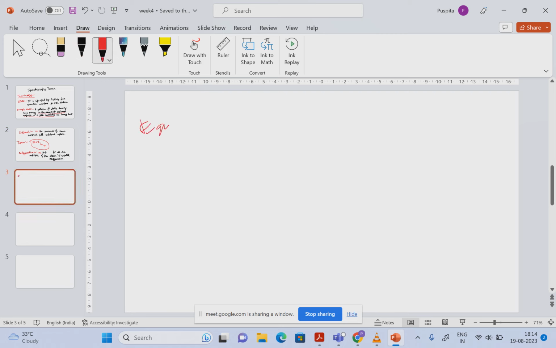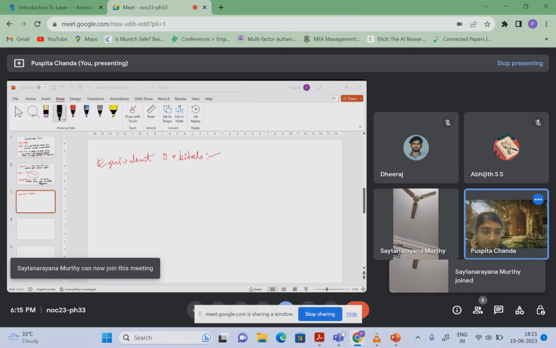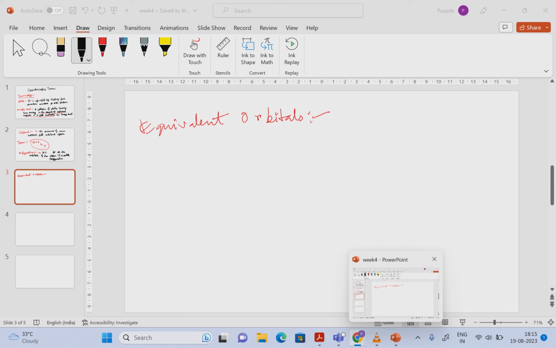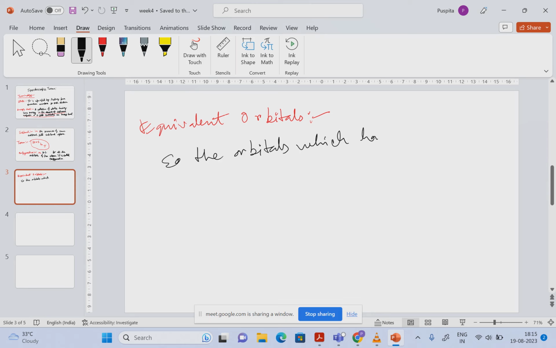Then a term for equivalent orbitals. So the orbitals which have n and l's the same are called equivalent orbitals.